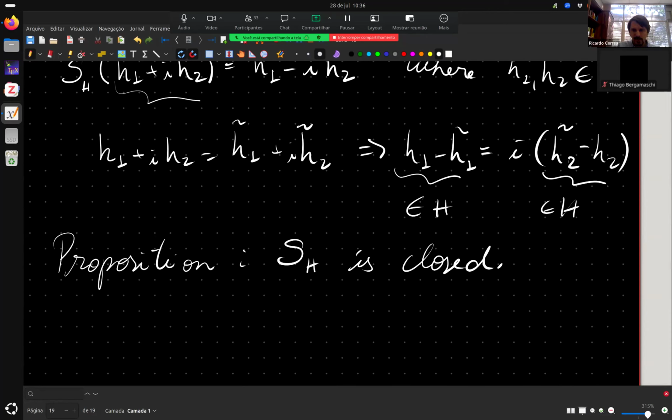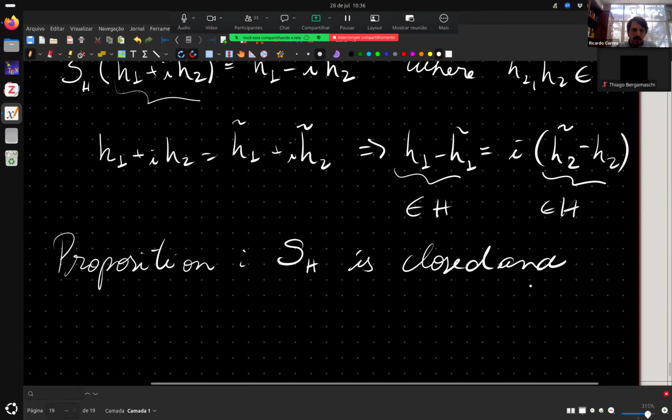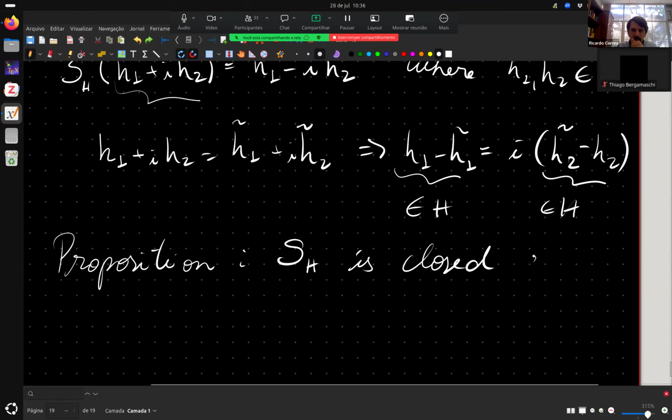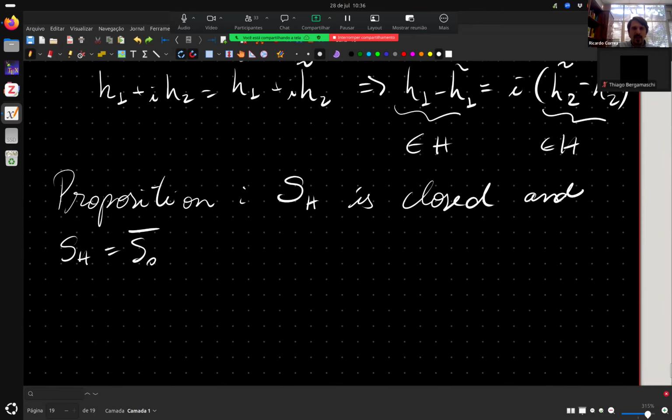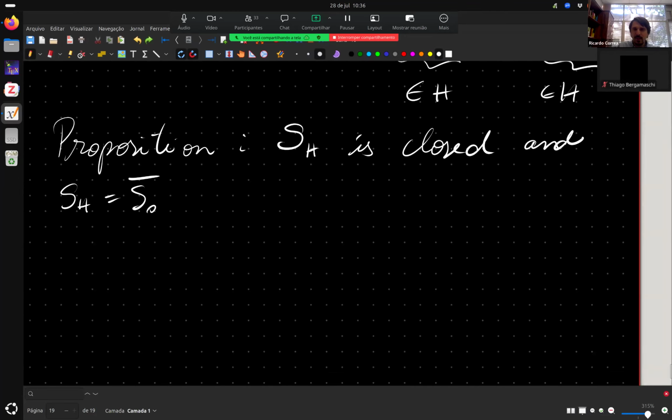I wrote closed, not even closable. And S_H is equal to the closure of S0. So that's the Tomita operator. This operator is called the Tomita operator. So the Tomita operator of the standard subspace is the closure of the Tomita operator defined only for the algebra.